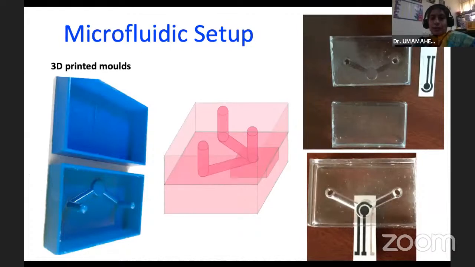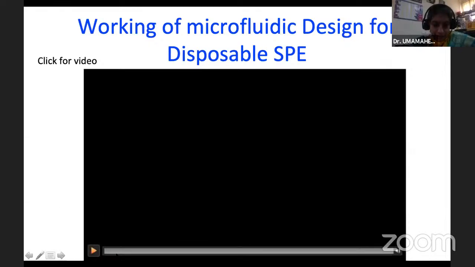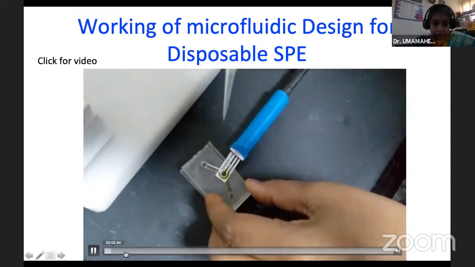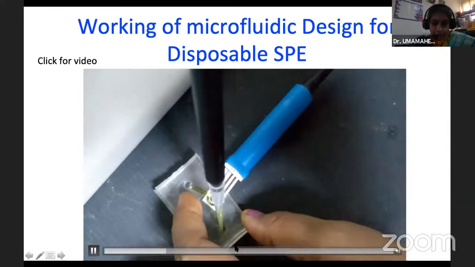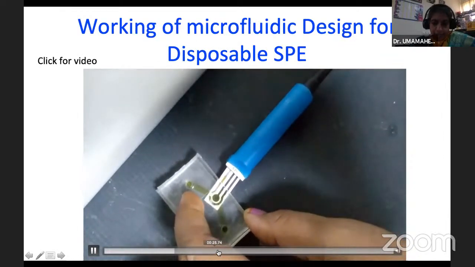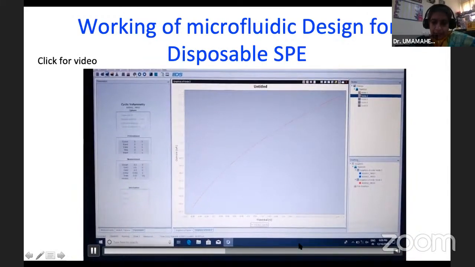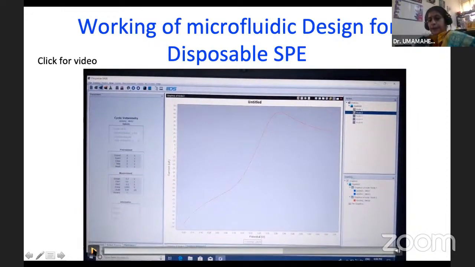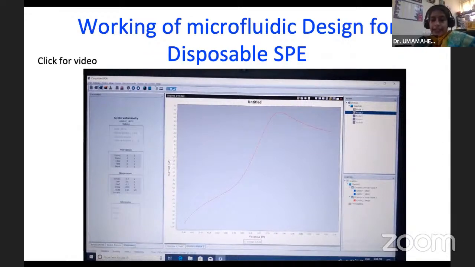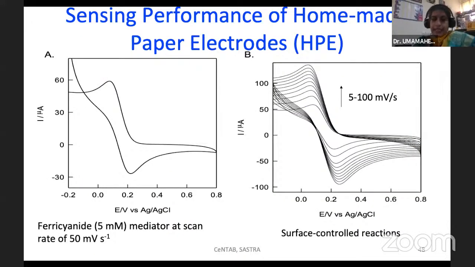And we are in the process of optimizing a microfluidic setup, where we can introduce the sample along with the buffer, and we would be able to get the response on the laptop. So the entire device could be made portable, and so home-to-home monitoring of this would be useful.